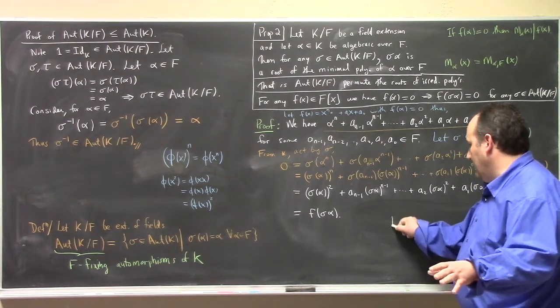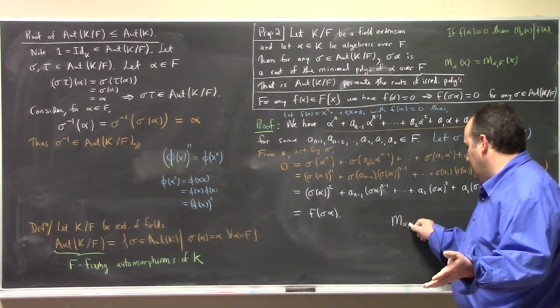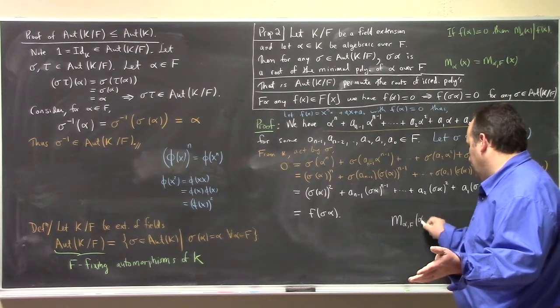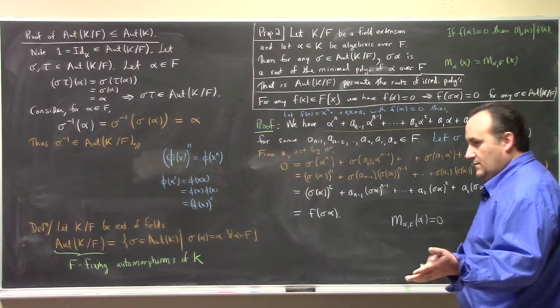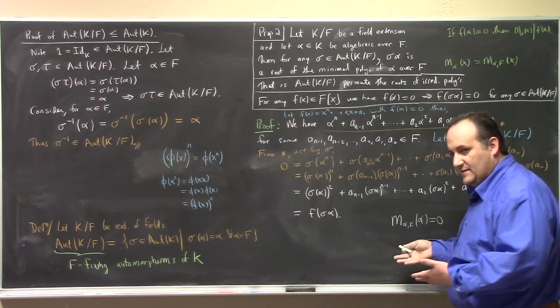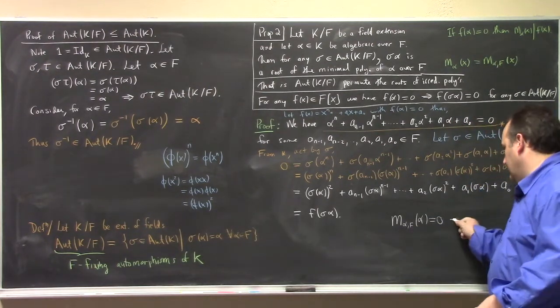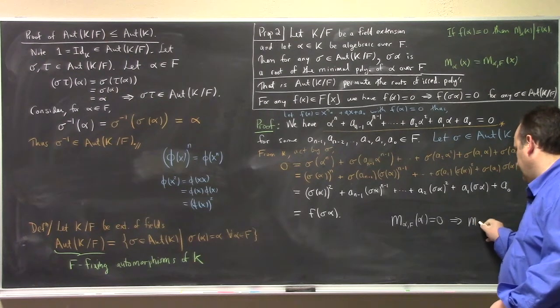We know that alpha is a zero of the minimal polynomial, so m of alpha over F, evaluated at alpha, is 0. So taking the same calculation, putting f equal to the minimal polynomial of alpha, implies the result.